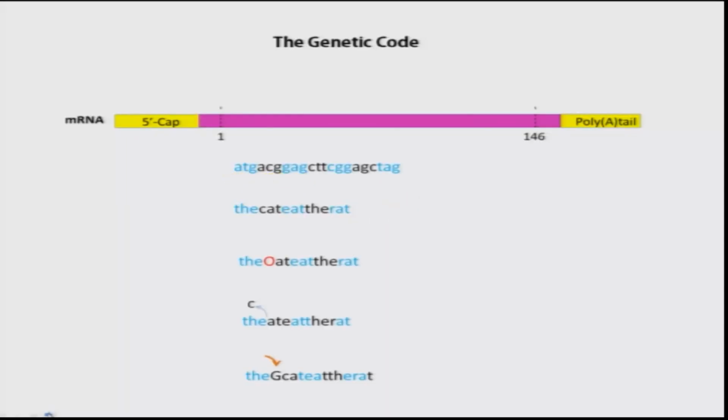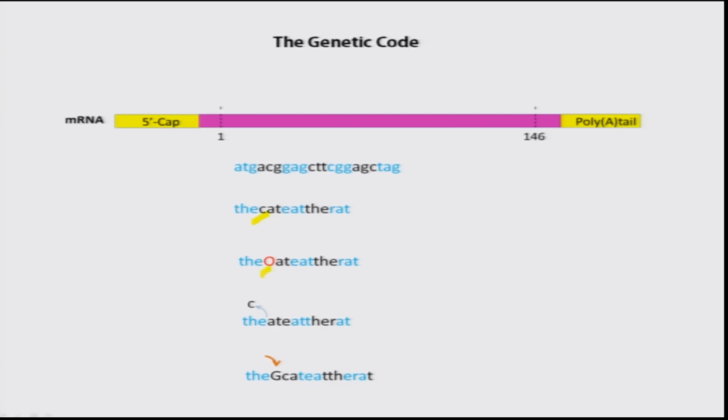There are 3 different changes that I have shown here. The first one is the letter C is changed to O. Now, you do have all the words that are 3 letters, but the meaning of the sentence is altered.